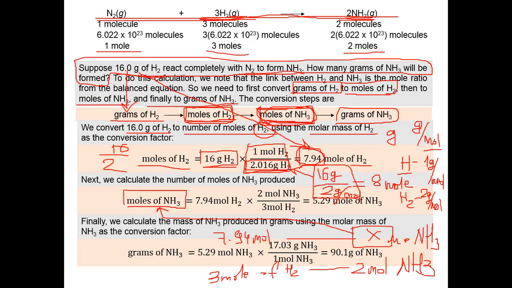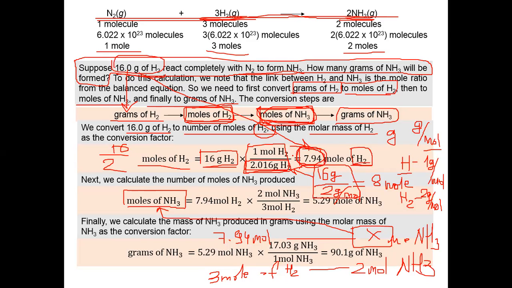Can you repeat it, please? Which part needs to be repeated? The 7.94 moles. Yes, 7.94 moles is hydrogen. If we have 16 grams of hydrogen, it means that we have 7.94 moles of hydrogen.